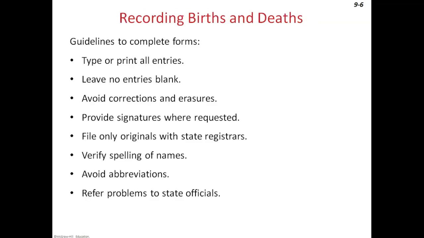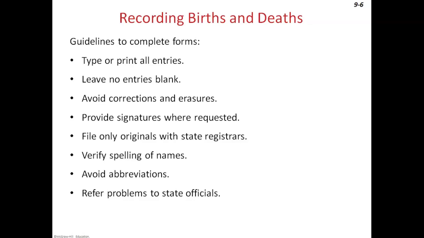Both birth and death certificates are permanent legal records, and a copy of a birth certificate is required to obtain most government documents such as a passport, driver's license, voter registration card, or social security card.